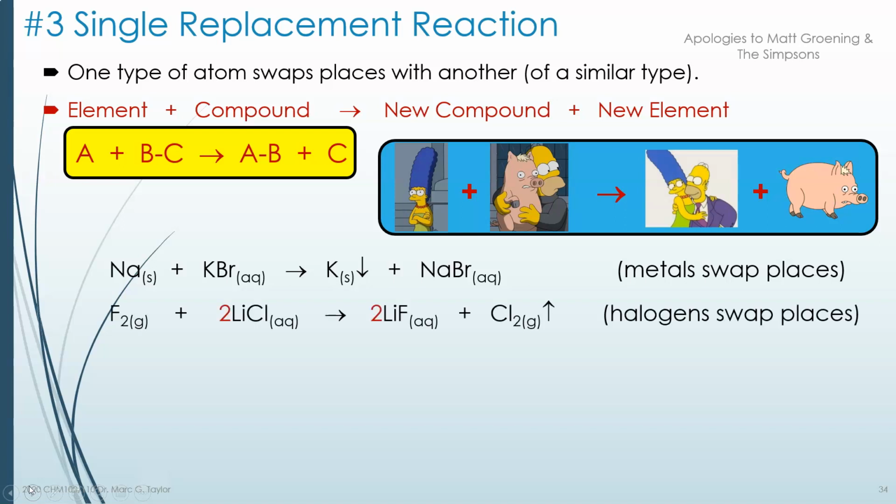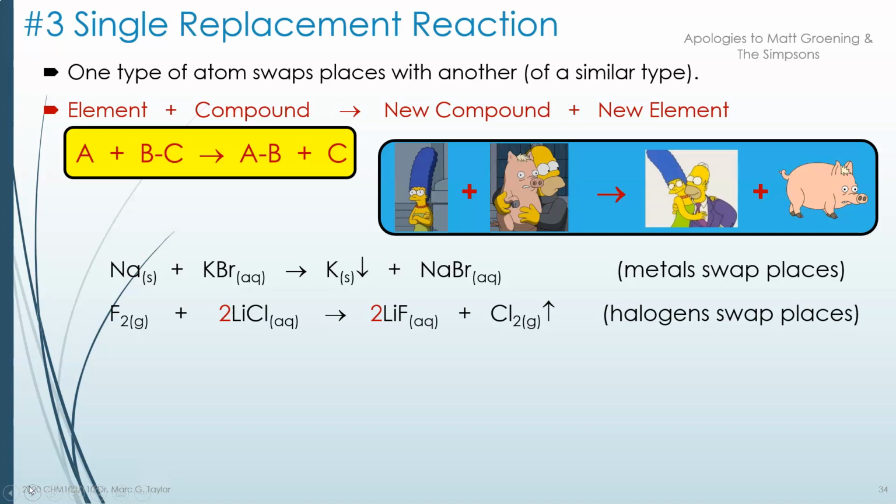Here's an example where you have fluorine gas reacting with lithium chloride. So fluorine is a halogen. It's an elemental form of a halogen, and it's reacting with this salt that's made of lithium and chloride. Lithium ion and chloride ion. Well, chlorine and fluorine are both halogens, so the halogens will swap places. The lithium will no longer be bound to the chlorine.